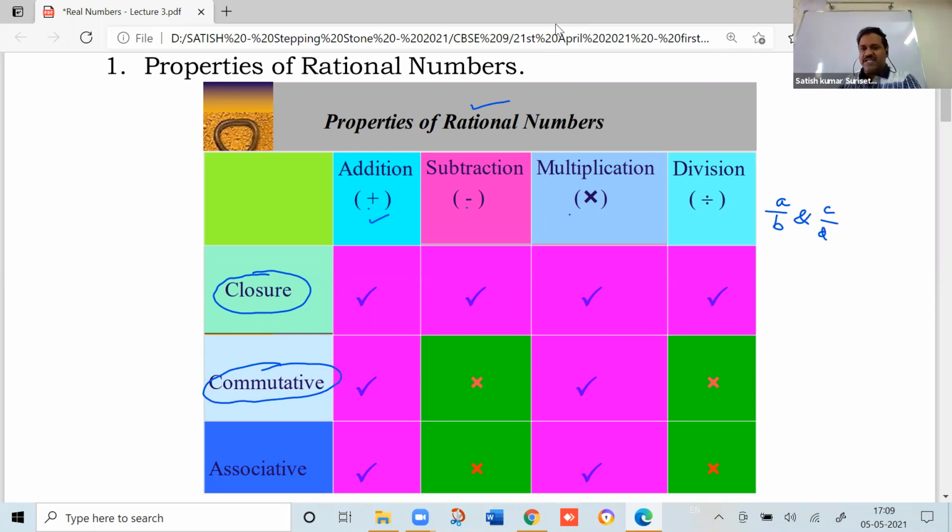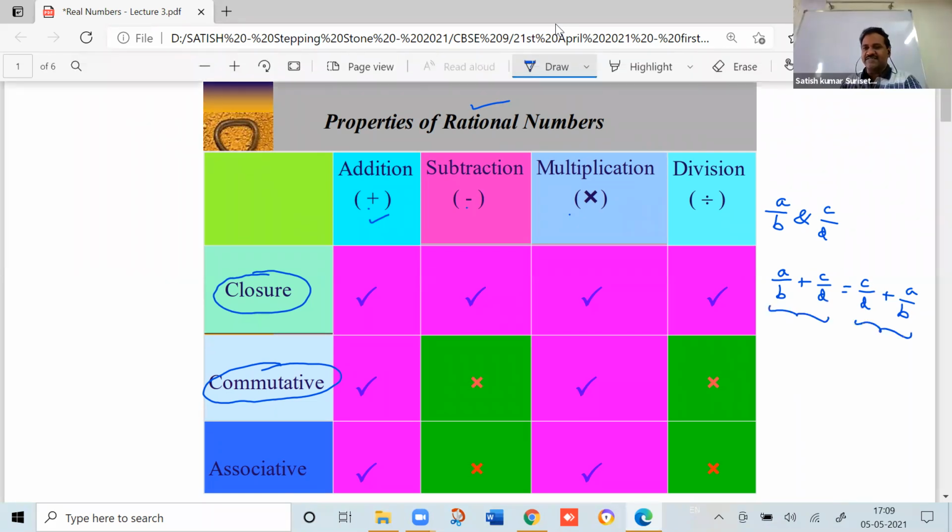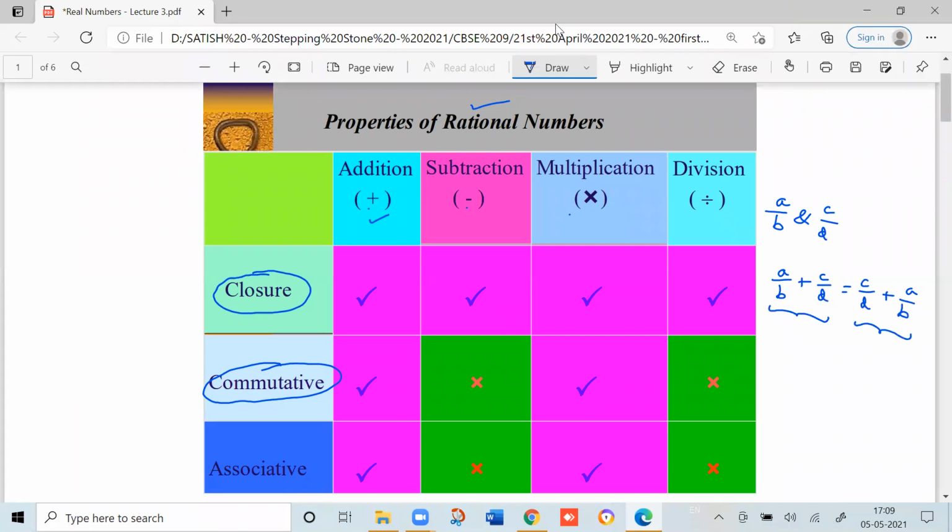When I add, is a/b plus c/d the same as c/d plus a/b or not? When I interchange the numbers with respect to addition, is the result the same or not, left side and right side? It's equal. That means rational numbers satisfy commutative property with respect to addition.